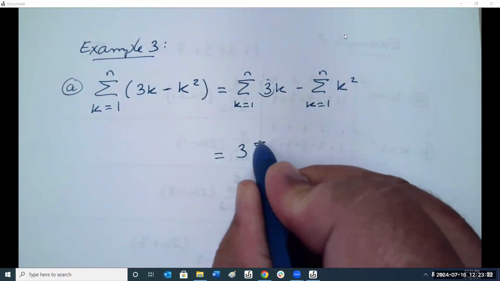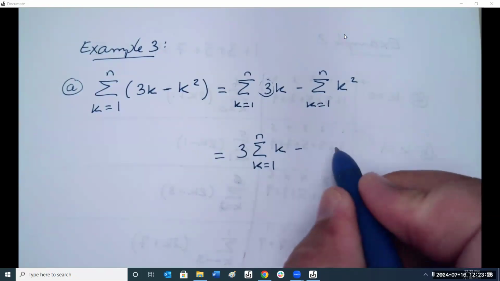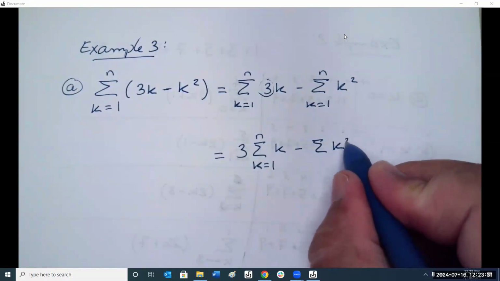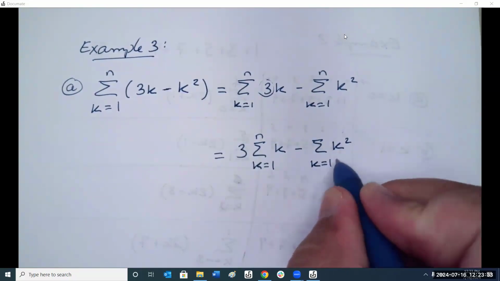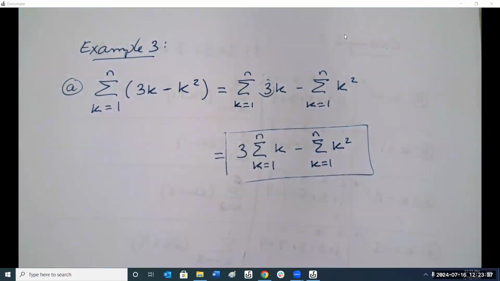So 3 times the summation of k minus the summation of k squared from k equals 1 to n. There's the answer.